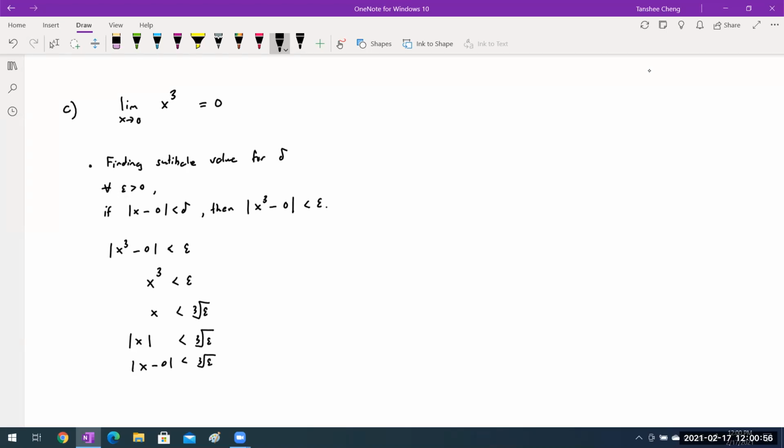So now using this to prove it, because we know that we should choose the delta to be the cube root of epsilon.